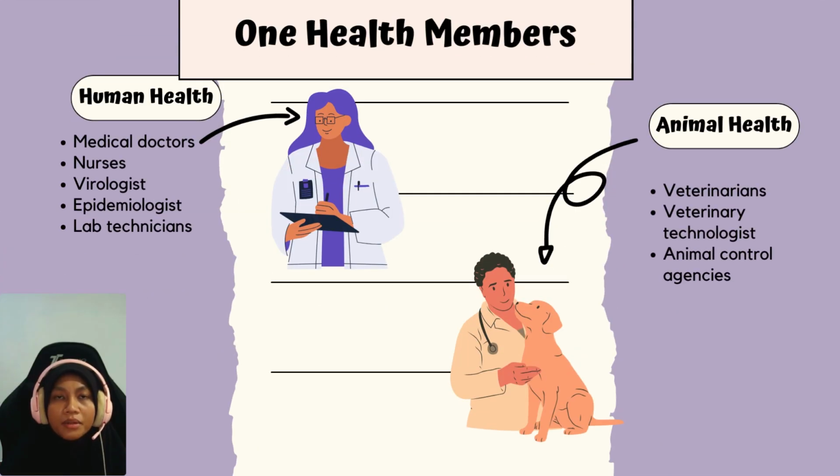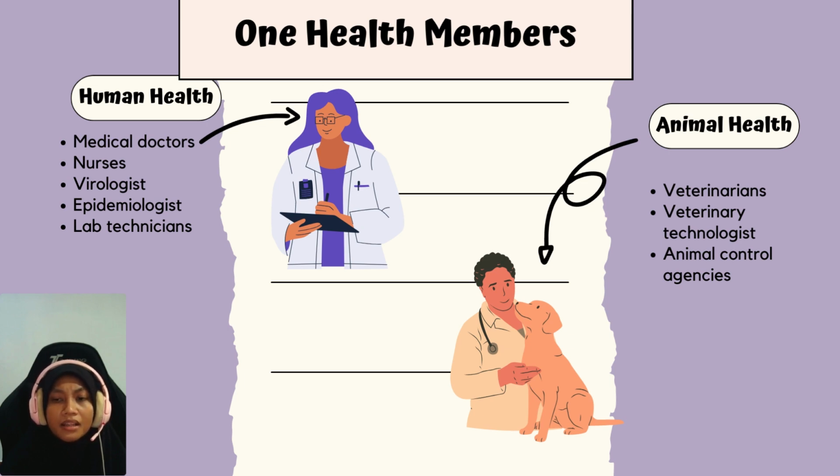These are the One Health members involved in combating rabies. In human health, we have medical doctors, who are the first members to be contacted when a person has contact with any wildlife or unfamiliar animals, particularly if they have been bitten or scratched. There are also nurses, virologists, epidemiologists, and lab technicians involved.